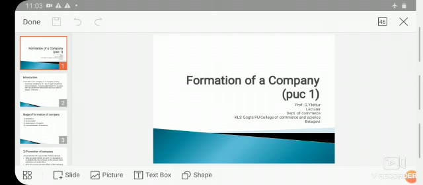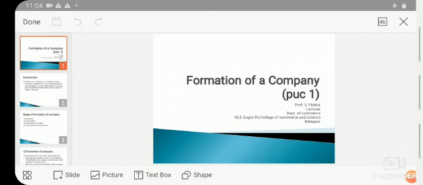That means while forming a joint stock company, we have to make sure that the Companies Act procedure and regulations are not violated. That is the reason why formation of a joint stock company is not a kind of children's play.